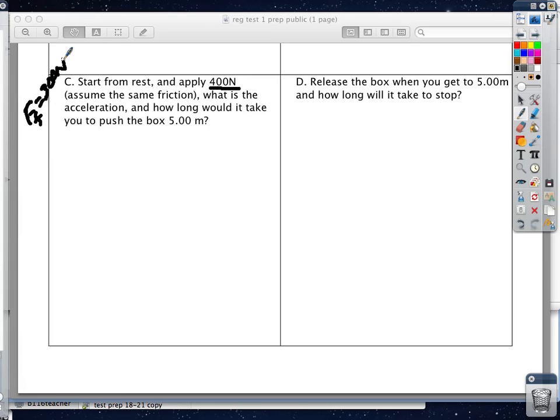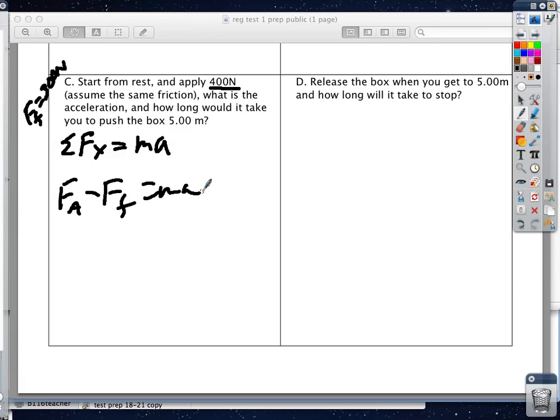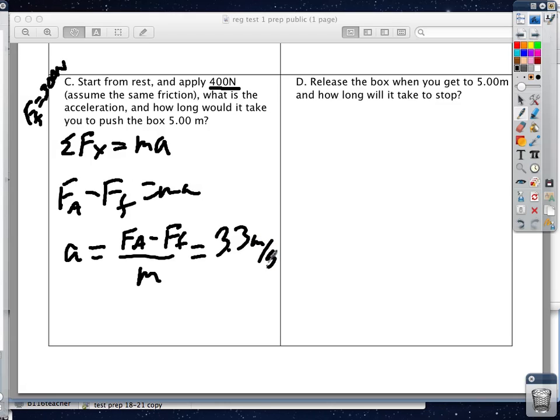How long would it take? So if I look at the sum of the forces in the x is MA, then I have FA minus FF equals MA instead of 0. So A is equal to FA minus FF over M, and that's going to be 100 over 30, so it's like 3.3 meters per second squared.